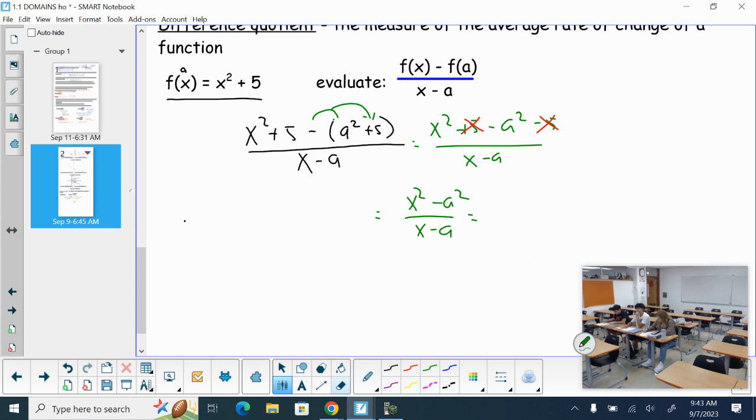At the top we have the difference of perfect squares. We have x squared minus a squared, which would factor to what? What would be our two factors here? And x minus a still on the bottom. X squared minus a squared factored down, what would that factor to?